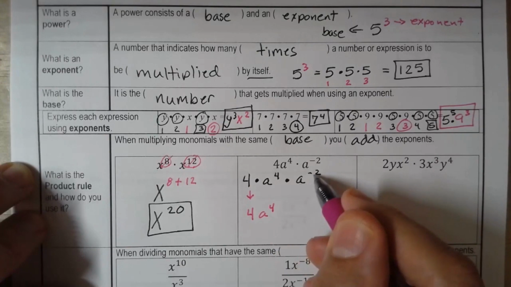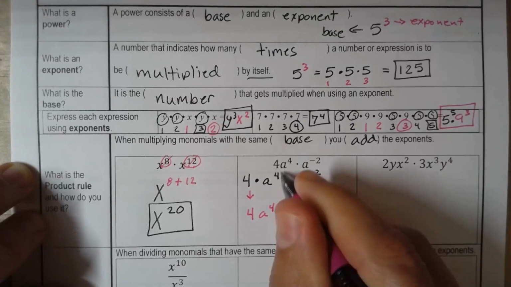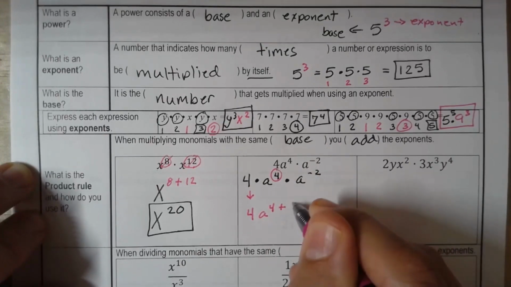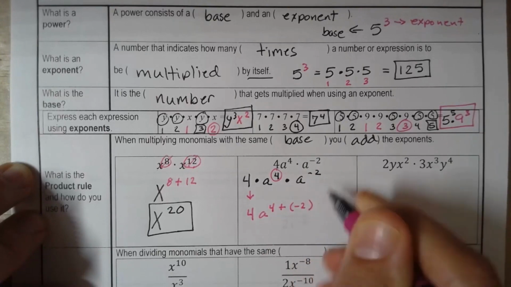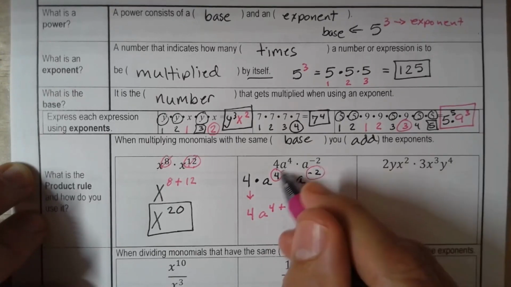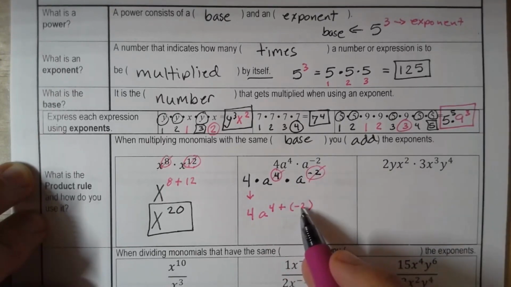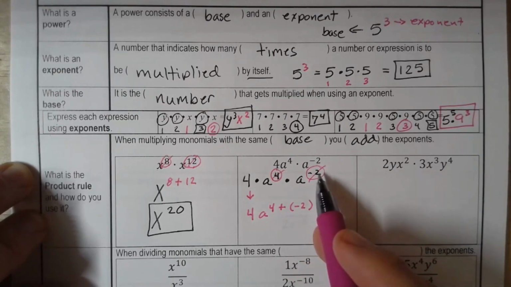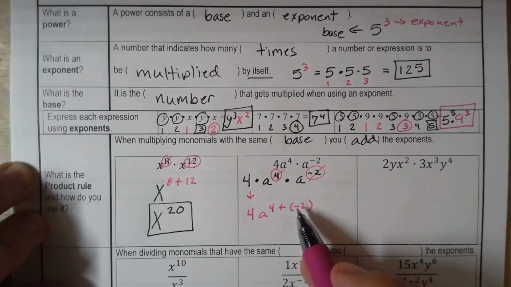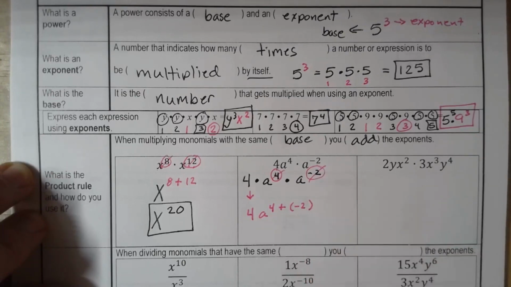And this is a to the negative 2nd. So it's going to be plus the negative 2nd power. Now you will notice that I went ahead and put the negative 2 in parentheses. Anytime you have a negative power, always put it in parentheses. And there's a reason for that later on, but we're substituting a number, so I want you to do that.